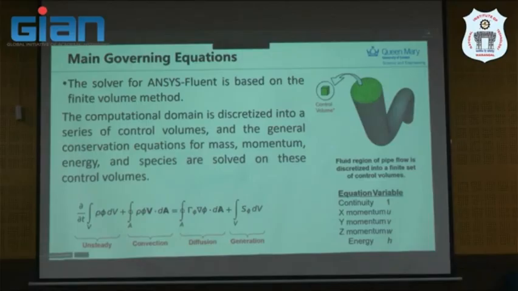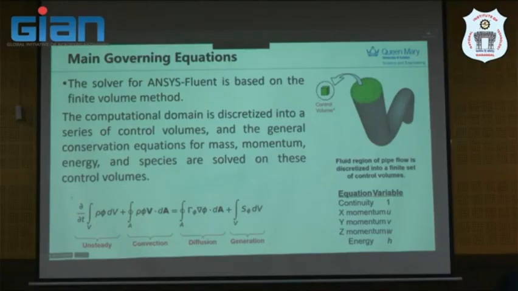In ANSYS FLUENT, the governing equation is presented here, and the computational domain is always divided into a series of control volumes, and the general conservation equations for mass, momentum, energy, and species are solved on each control volume.